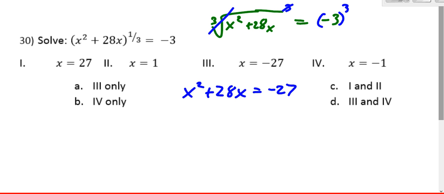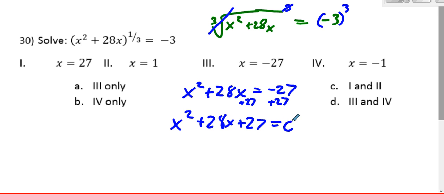So just like the last problems, you have to solve this by getting everything on one side. So we're going to add that 27 over. So that's plus 27 equals 0. We need to come up with two numbers that multiply to be positive 27 and add to be positive 28.